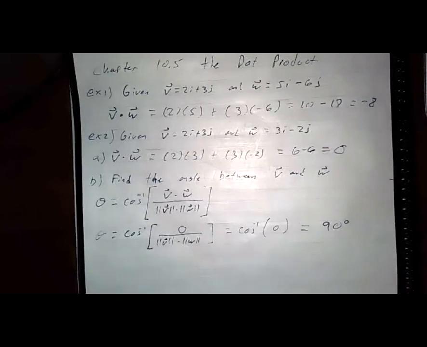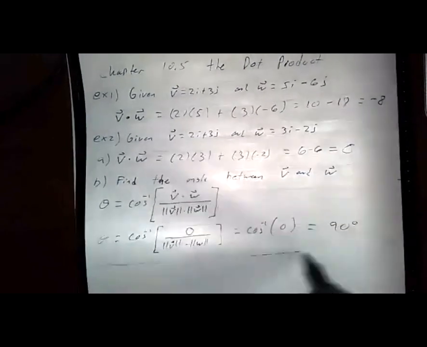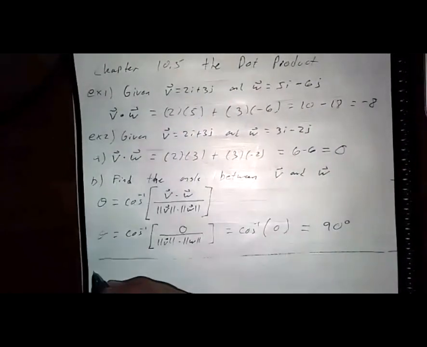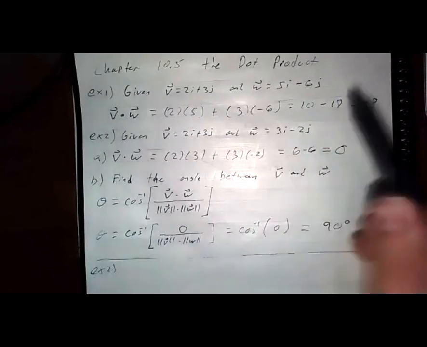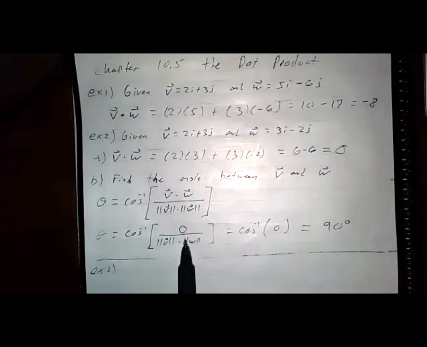Let's do example 2. Do you guys have any questions on example 1? So this is the dot product, and this is the formula for the angle between two vectors. It's the only new stuff we've done.